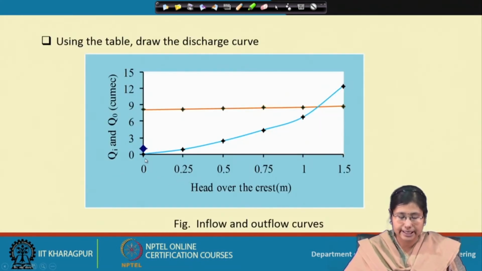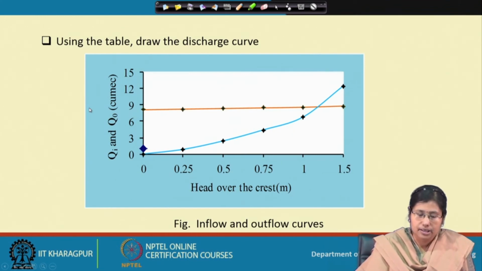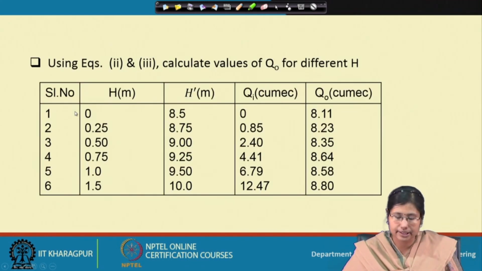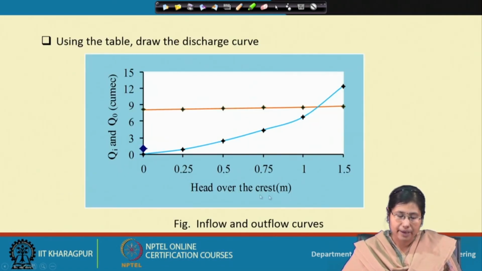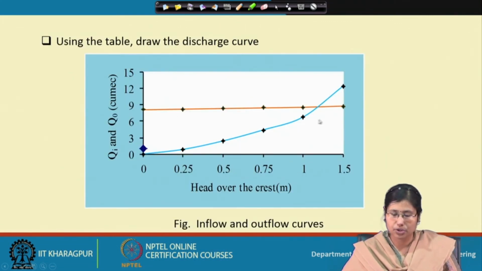So, this is the head over the crest at different intervals, and what will be the values of QI and Q0 is plotted here in QMAC. As you can see, the inflow QI is giving more or less a parabola shape, whereas the outflow is generally a straight line, or kept more or less constant.